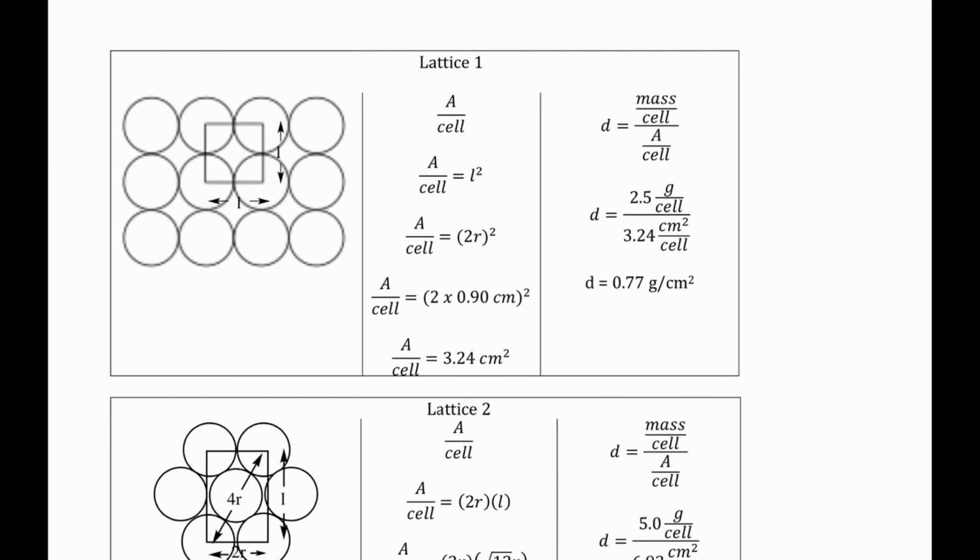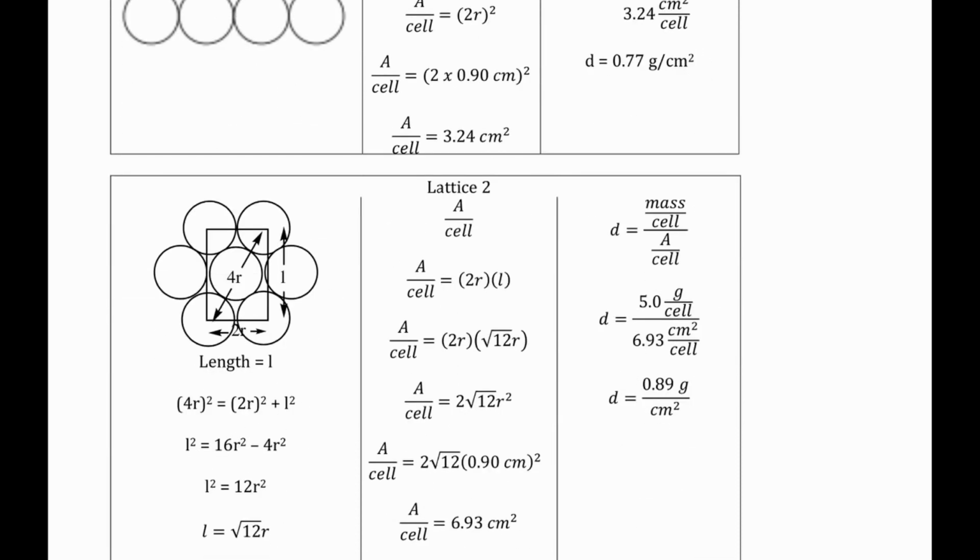Well, the length is 2r, so area per cell is the quantity 2r squared. Area per cell, then, is (2 times 0.90 centimeters) squared. Remember, the radius of the penny was 0.90 centimeters. So for lattice 1 we get the area per cell to be 3.24 centimeters squared.